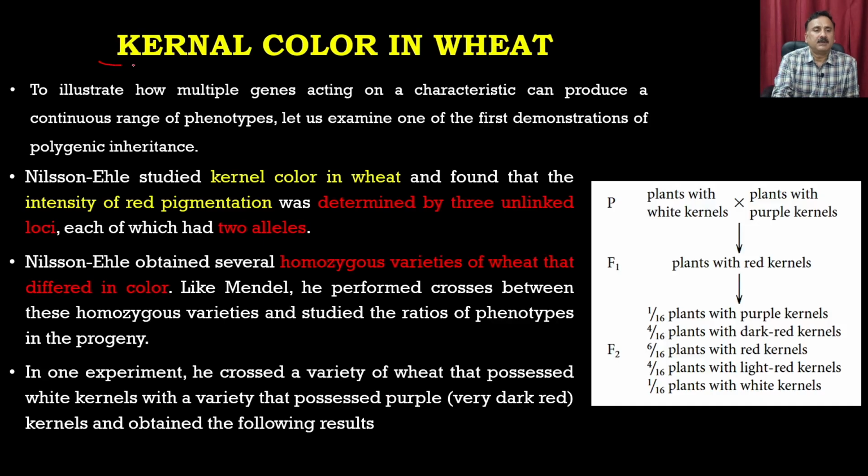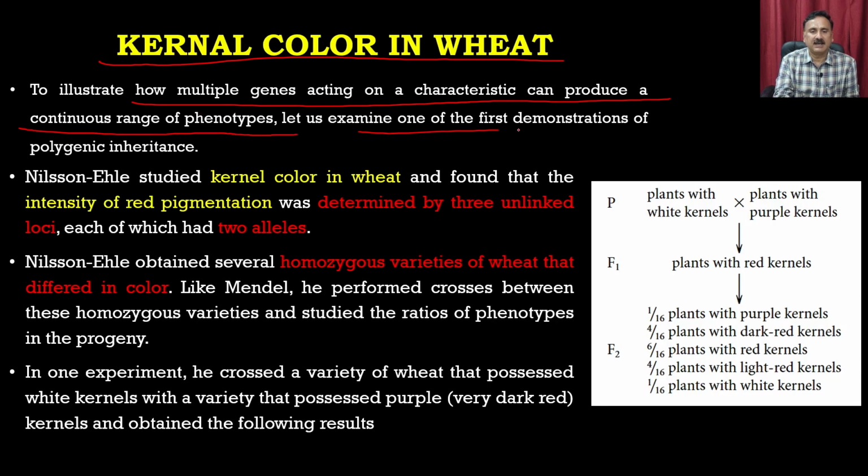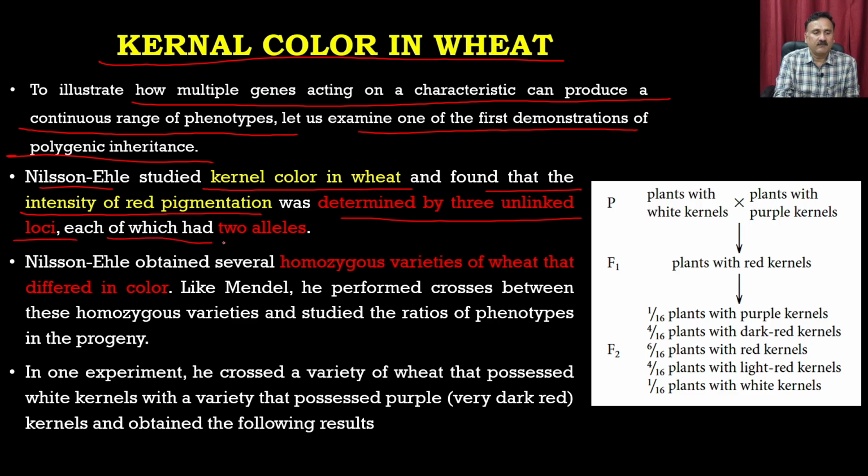For example, the kernel color in wheat. Multiple genes acting on a characteristic can produce a continuous range of phenotypes. Let us look at the first demonstration of polygenic inheritance. Nilsson-Ehle studied kernel color in wheat and found that the intensity of red pigmentation was determined by three unlinked loci, each of which had two alleles.